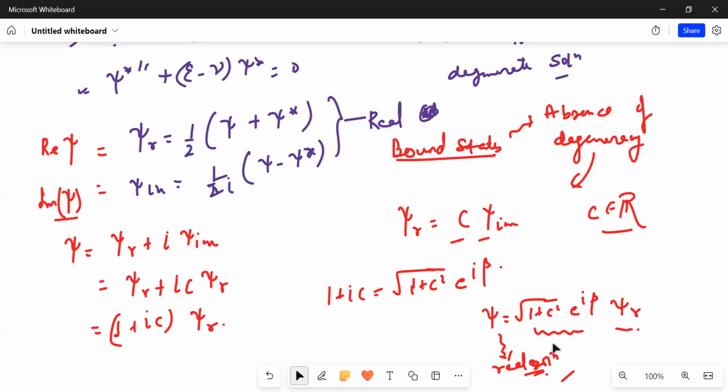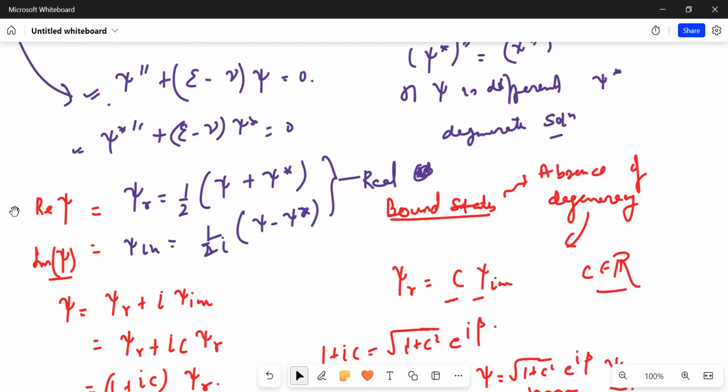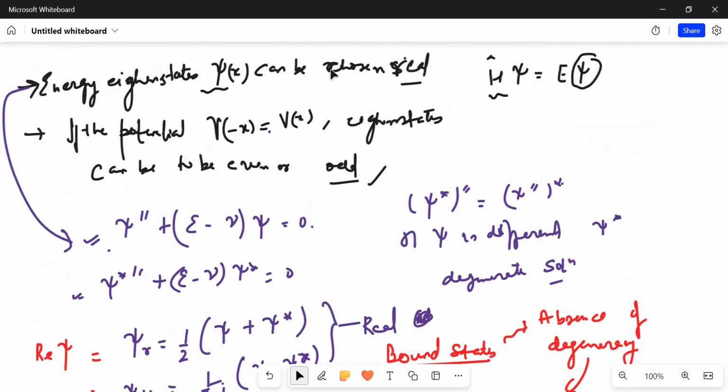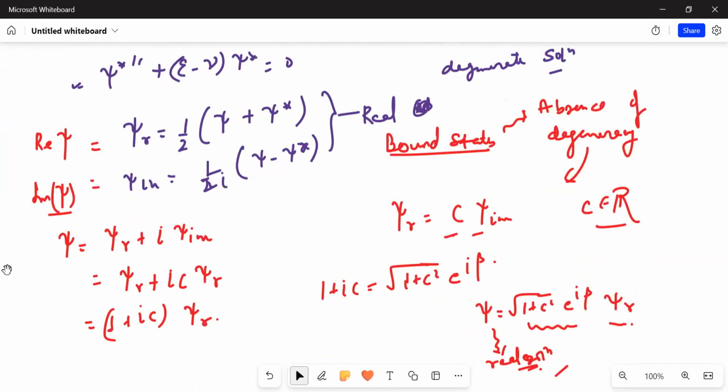Any general solution up to a phase is a real solution. So after all, one has to understand that stationary states, like energy eigenstates psi(x), can always be chosen real. This is something that I've written here.